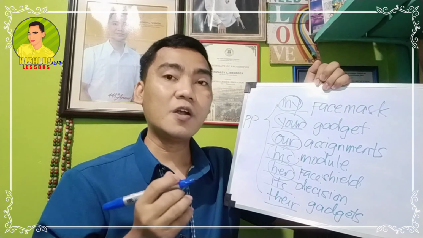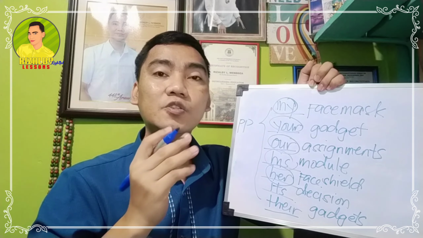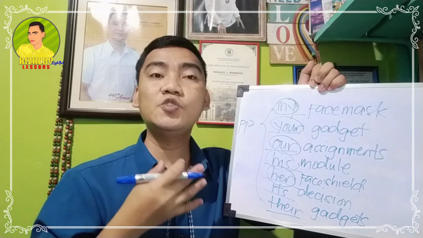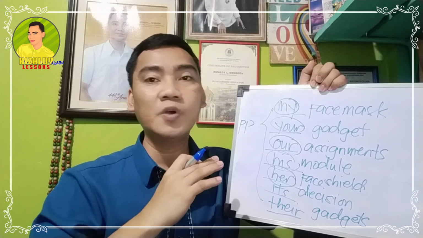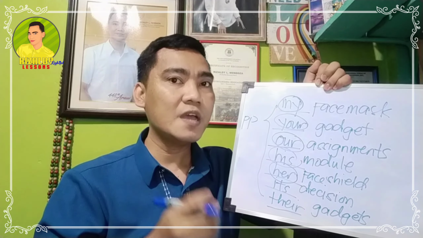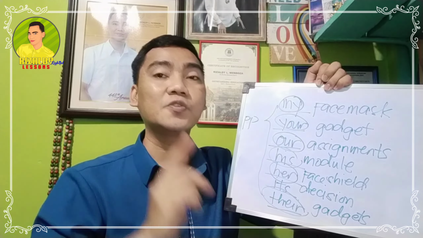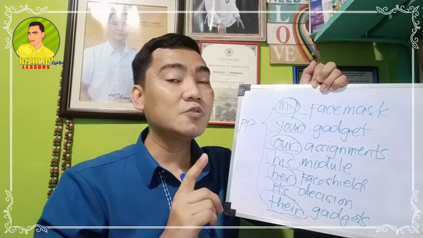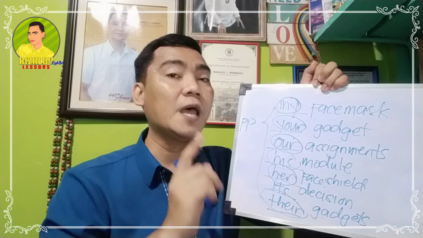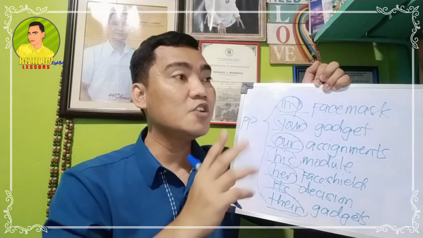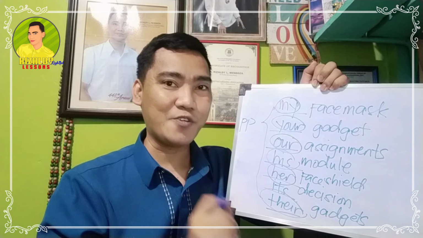Then, if you are referring to a thing which you do not belong to, you did not co-own that thing, that means you may use their gadgets. So you don't belong to the ownership or possession, but you are referring that they own that gadget. So there is the correct possessive pronoun here.